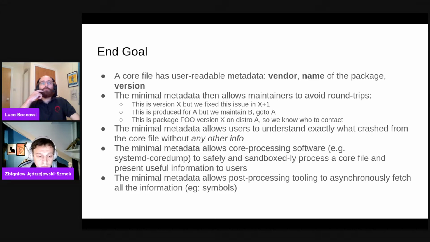And this means that you can display some initial information about a crash, even in a very limited environment. So Luca talked about the case of containers. For me, a more interesting, different case is init-RDs.